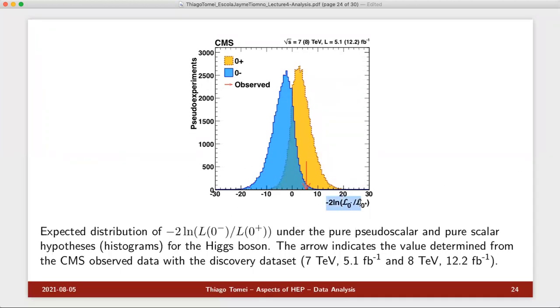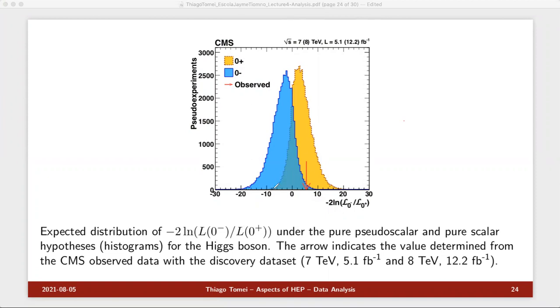It doesn't matter what is in the histogram. It's actually the profile likelihood, a ratio of profile likelihoods, sorry. But it can be anything. The point is that we assume that the standard model is true.